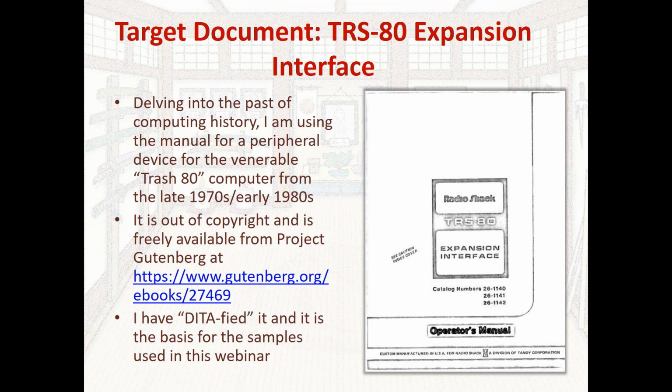This is a computer peripheral, basically allowing access to amazing technology for the time, such as being able to plug in a cassette recorder to record and play back your data into your Trash-80 computer. Anybody remember that? I sure do. And the great thing about this is that this manual is now long out of copyright and is freely available from Project Gutenberg. And so what I've done with it is that I have lightly DITA-fied it, and it's the basis for the samples used in the webinar.